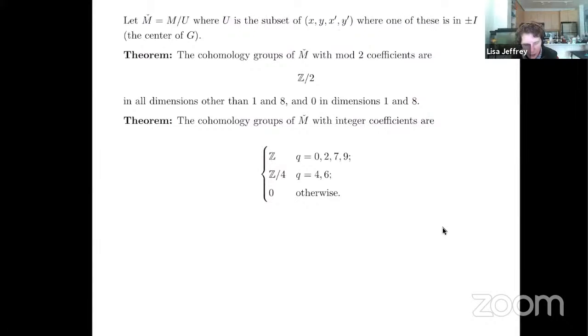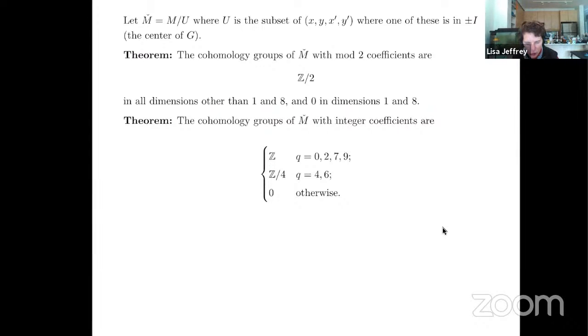Let me define M caret, which is M quotient U, where U is the set where one of the elements is in the center of SU2. The cohomology groups of M check with mod 2 coefficients are equal to Z2 in all dimensions except 1 and 8, and equal to 0 in dimensions 1 and 8.